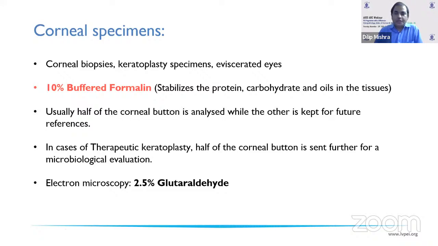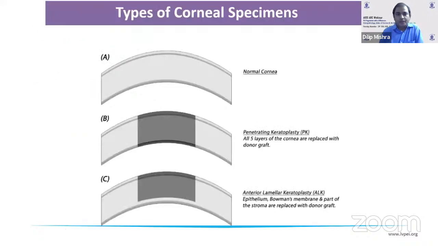Usually half of the corneal button we are getting for the infective etiology, whereas for the dystrophies the full corneal button we are getting. And for electron microscopy, if you are doing some research work, then you have to fix in 2.5% glutaraldehyde solution.